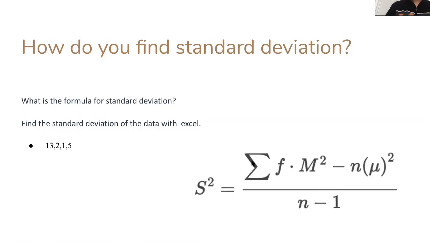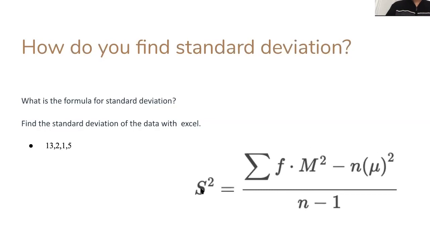Does anyone know why we square root it? Because we're solving for s, and to isolate s, we have to square root both sides. So what I want you guys to do is, with this data on the side, put it into Excel and then solve for the standard deviation.